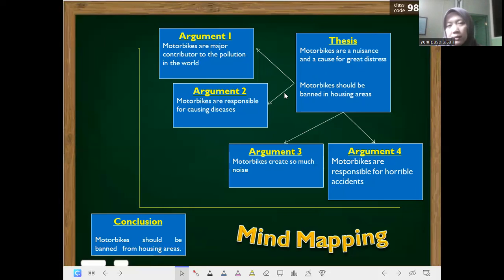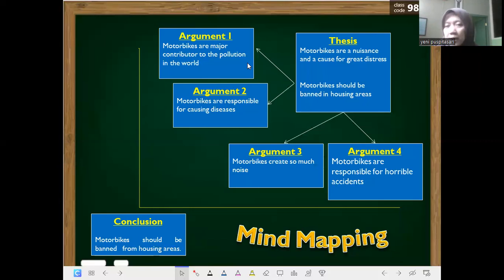There are 4 arguments. The first argument is motorbikes are major contributor to the pollution in the world. And then the second argument is motorbikes are responsible for causing diseases. And then the third argument, motorbikes create so much noise.